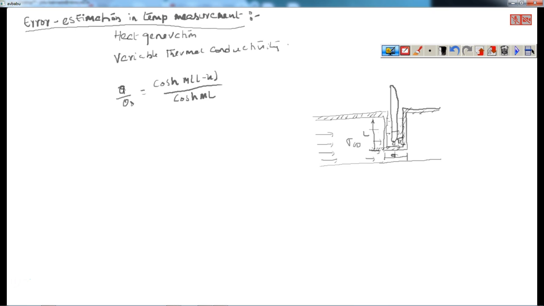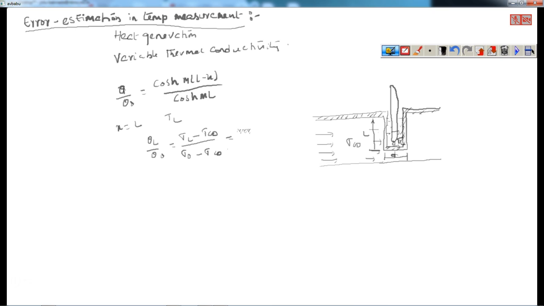Now if I want to find the temperature at x equals L, then the temperature I find is TL. Therefore I can say theta L by theta 0 is equal to T L minus T infinity by T0 minus T infinity, where theta 0 is T0 minus T infinity.